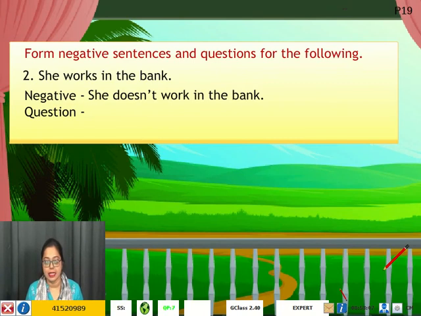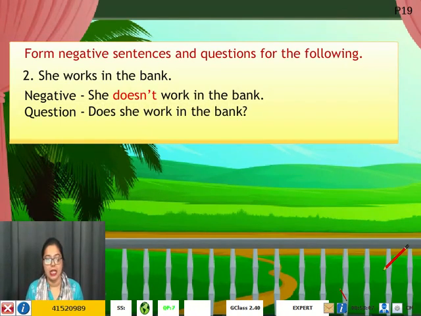When you turn the sentence into a negative sentence, it will be, she does not work in the bank. Next, you see, does she work in a bank? This is the sentence when you turn it into a question form, or an interrogative sentence. Okay.